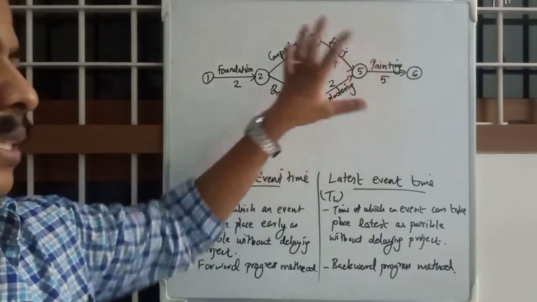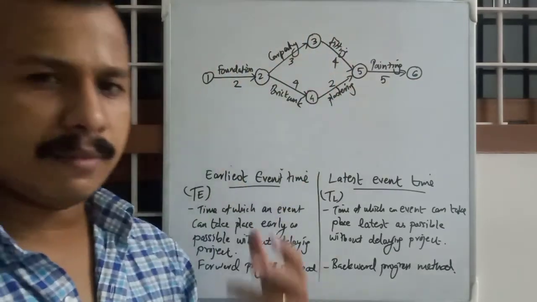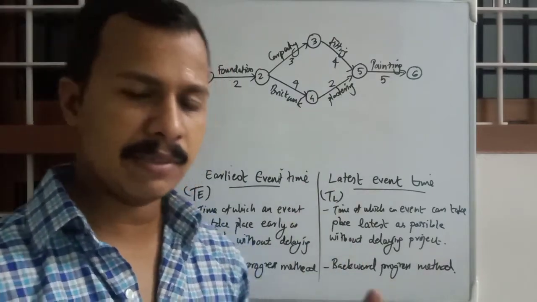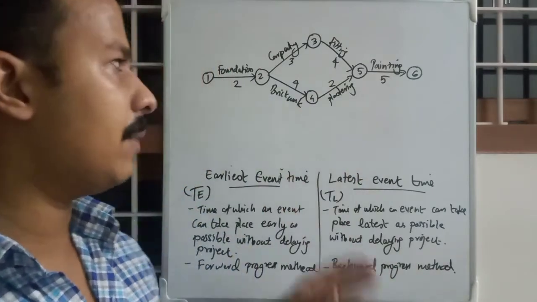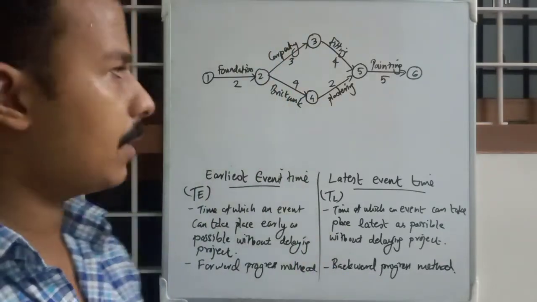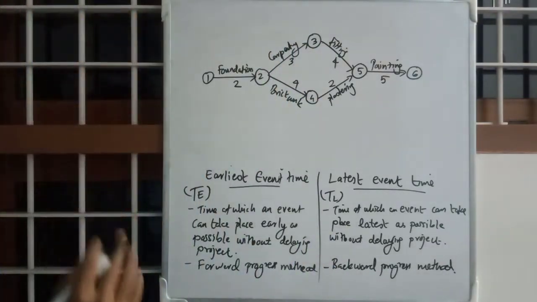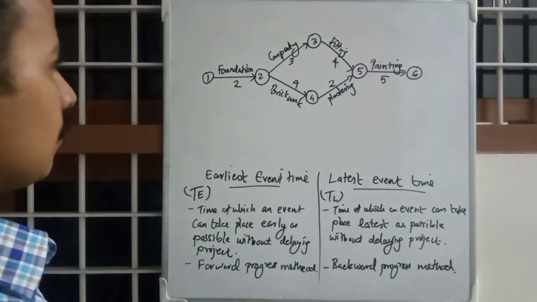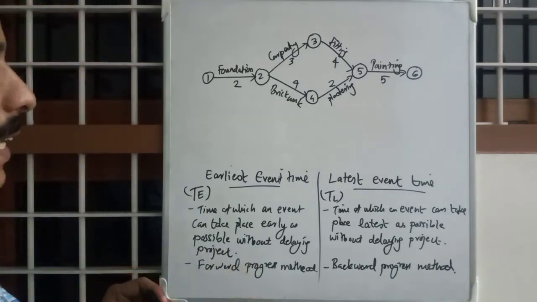This is very typical. Obviously, we have omitted many more activities and processes that are required for a building. We are just taking a very rough example. For this we will consider TE and TL.